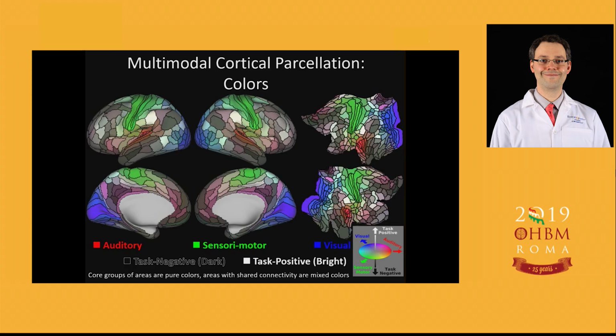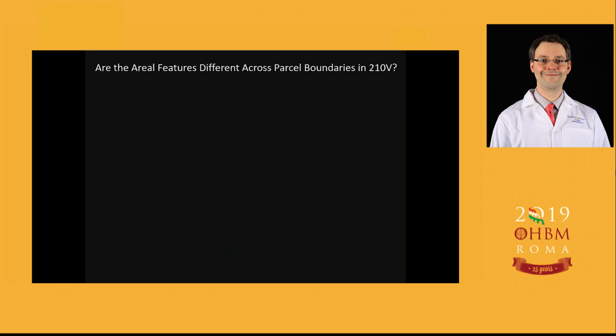And if we look at this map, we can see some cortical areas are sort of core areas, and others are kind of in between. So this was the hot spot of myelin in the interparietal sulcus here, LIPV. We can see it's kind of in between visual and somatosensory motor, and that makes a lot of sense because this area has strong inputs from these locations in, say, monkeys.